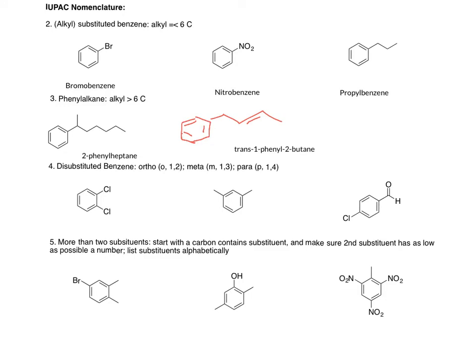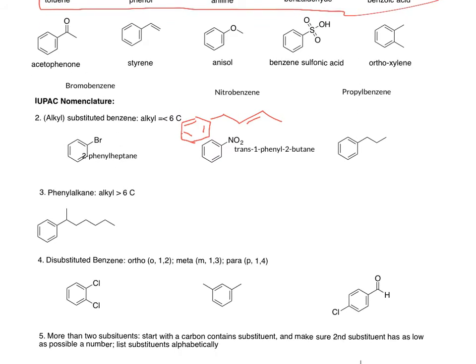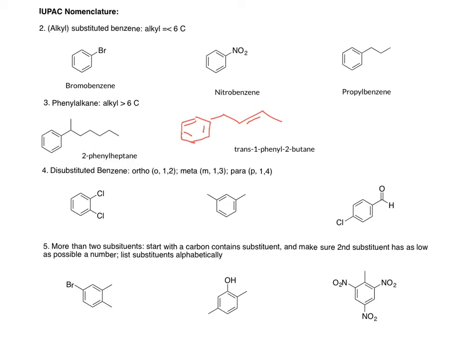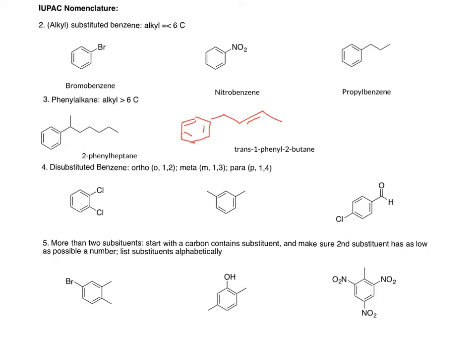In aromatic compounds, you often have more than one substituent, just like what you saw earlier in the case of ortho-xylene. So you need to identify the relative position of those substituents. If the substituents are on adjacent carbons, we say these two substituents are ortho to each other, abbreviated o.